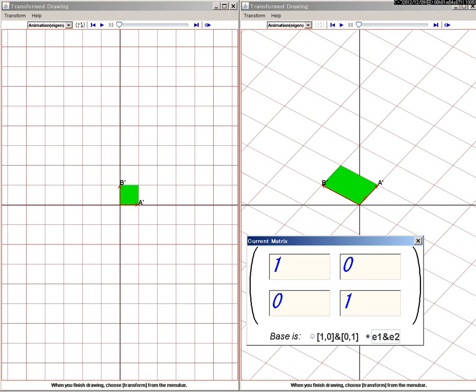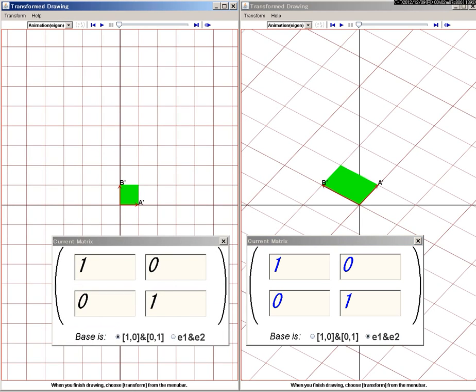E1 here is vector OA and E2 is vector OB. The base of this grid is (1, 0) and (0, 1). So it's the same if we use this or this. It's the same matrix.